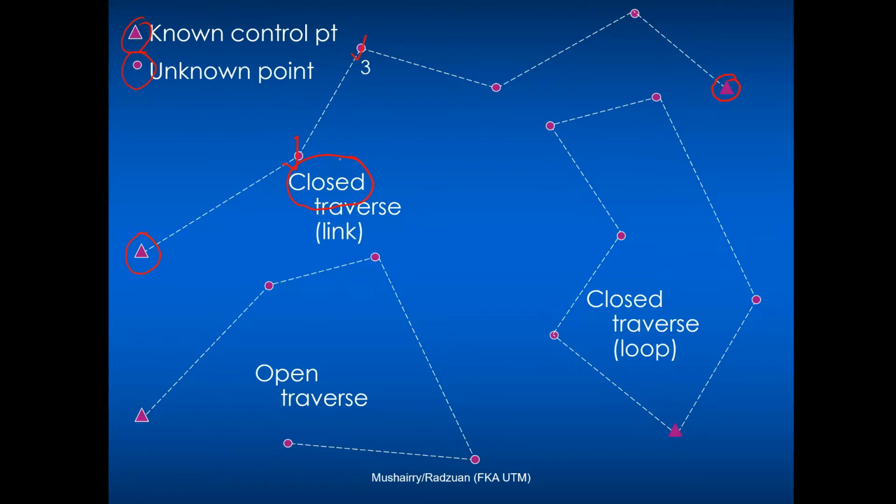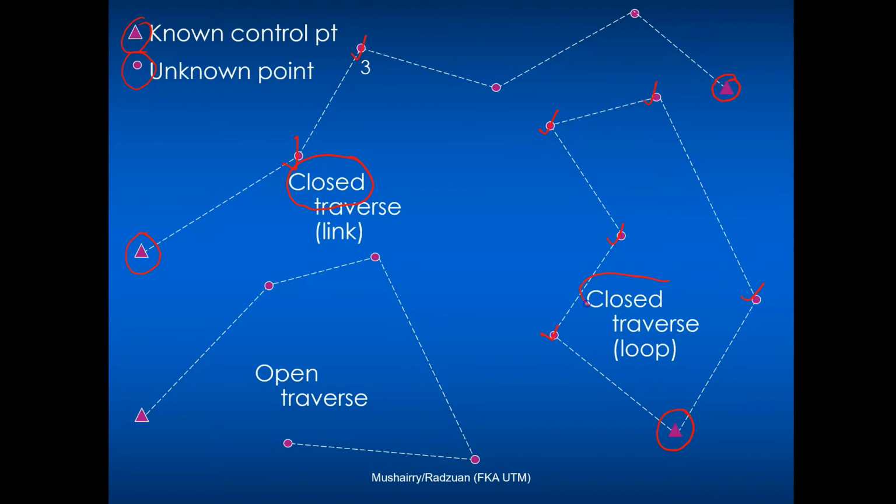Now look at the one on the right. Again, you start from a known point, then let's say you go clockwise. You go first point, second point, third point, fourth, fifth, and finally come back to the same point.